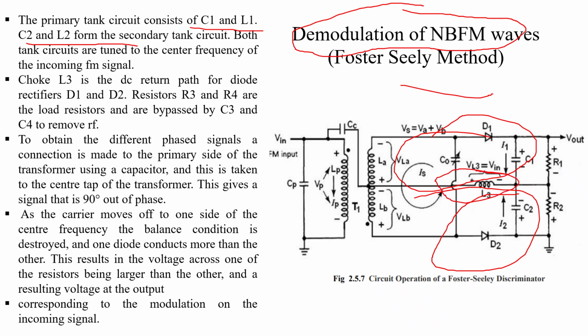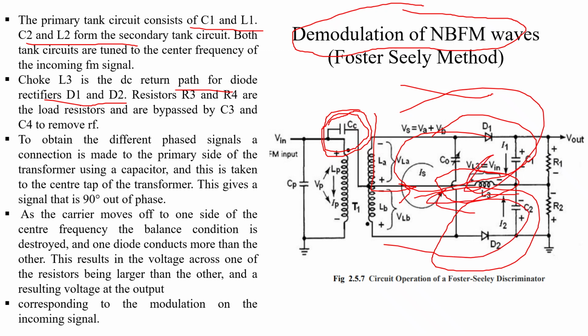Here is the phase shifter: this capacitor will shift the phase, and then it will pass either in this loop or in this loop. Here the choke L3 is the DC return path for both diodes D1 and D2, right?